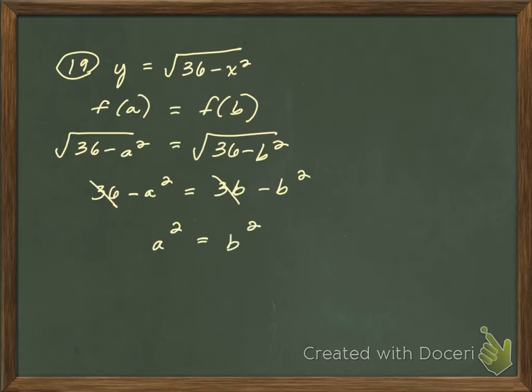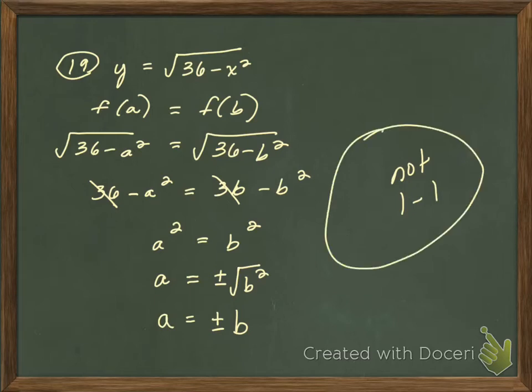Clearly, we have shown that this is not one-to-one because A is not equal to B. Sure, A squared equals B squared, but if you take the square root of both sides, A equals plus or minus B. So A doesn't only equal B, it also equals the opposite of B. So that's not a one-to-one function.